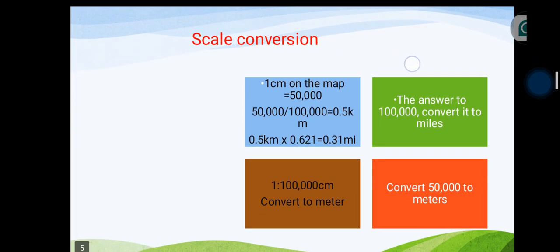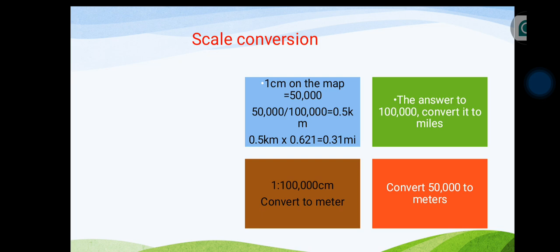Then scale conversion. Note, as in the previous slide, I said when you are moving from centimeter to kilometer, you divide it by 100,000, and from centimeter to meter is by 1,000.